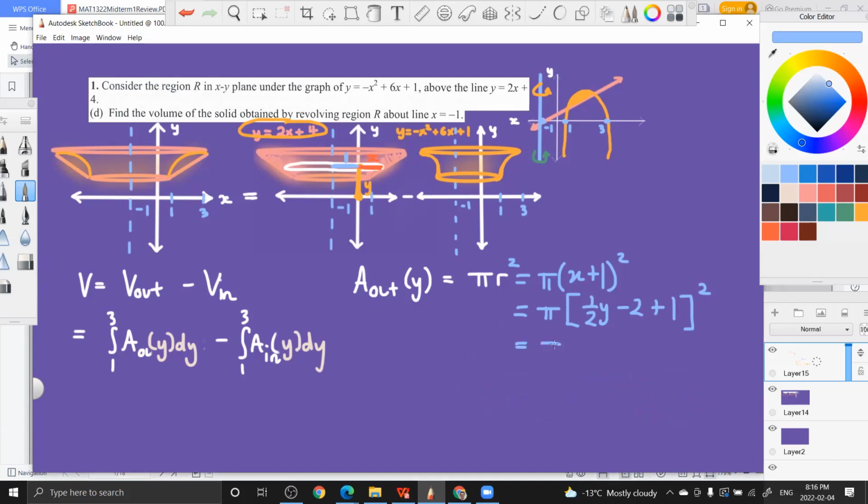This is equal to pi times 1/2 times y minus 1, to the power of 2. So that's it. A out is this one: pi times 1/2 times y minus 1 squared dy.